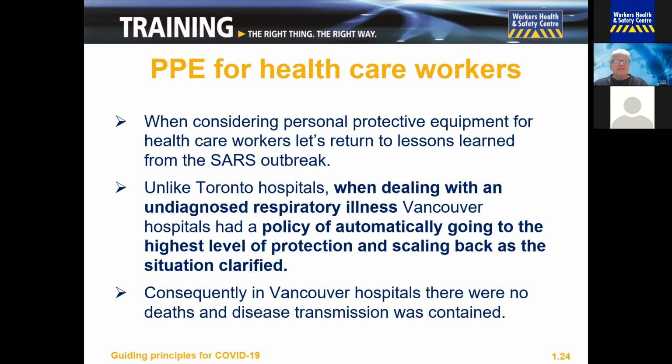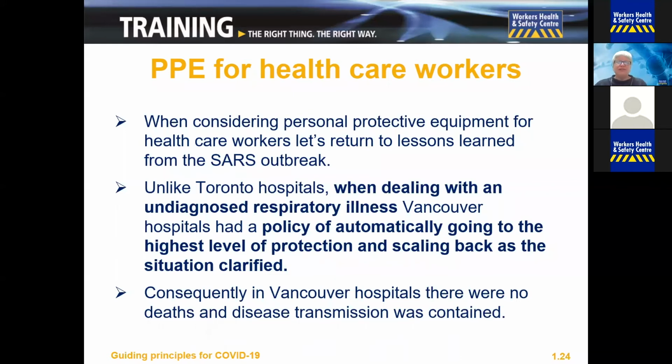The SARS Commission found that, unlike Toronto hospitals, Vancouver hospitals had effective infection control protocols in place based on the precautionary principle. When dealing with an undiagnosed respiratory illness, Vancouver hospitals had a policy of automatically using the highest level of protection and scaling back as the situation was clarified. Consequently, in Vancouver hospitals, there were no deaths and disease transmission was contained.